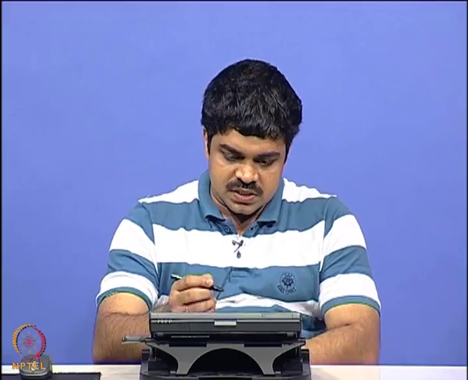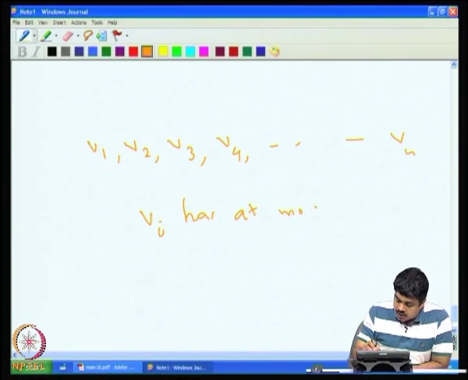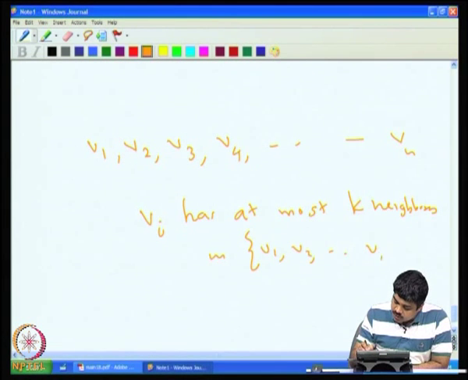Suppose you have an ordering of the vertices, V1, V2, V3, V4, up to Vn, with the property that Vi has at most k neighbors in, say, V1, V2 up to Vi minus 1.